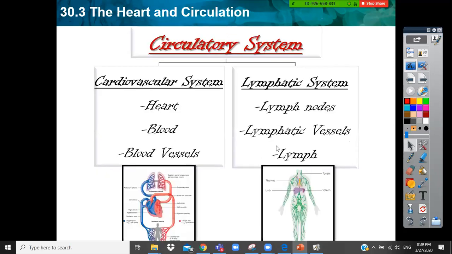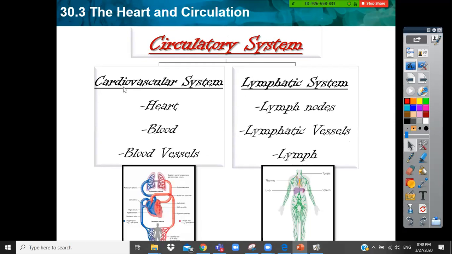Before I start the lesson, I need to clarify that the term circulatory system consists of two systems, the cardiovascular system and the lymphatic system.